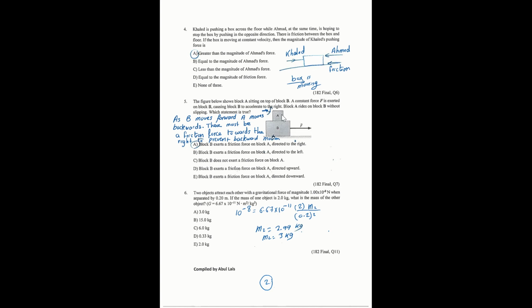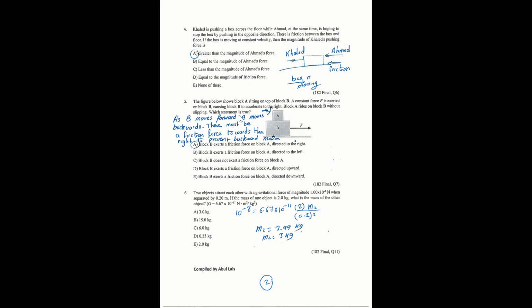So what does that mean? It means that there is a friction force that is preventing block A from moving. So if you imagine yourself in a car and this car suddenly moves forward and you're not wearing a seat belt, what will happen is you will go backwards, right? You will go to this side. So what is the direction of the force that should prevent you from sliding backward?